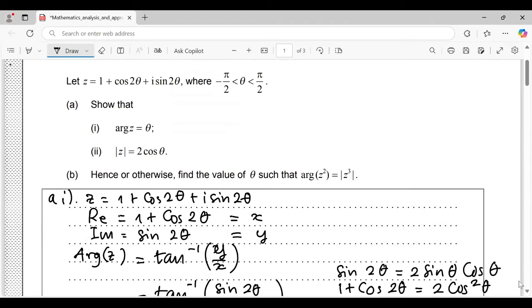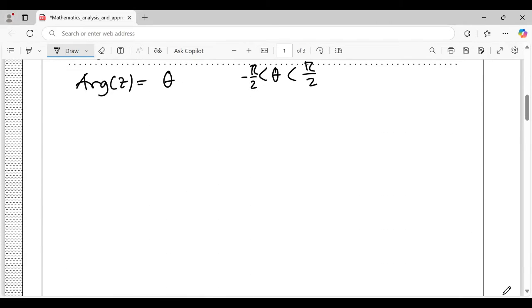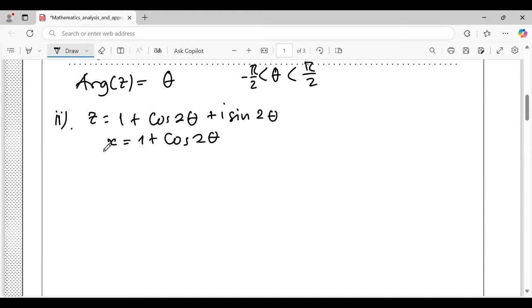Part 2, modulus z equals cosine theta. Z equals 1 plus cosine 2 theta plus i sine 2 theta. Just now I have stated that x equals 1 plus cosine 2 theta and y equals sine 2 theta.